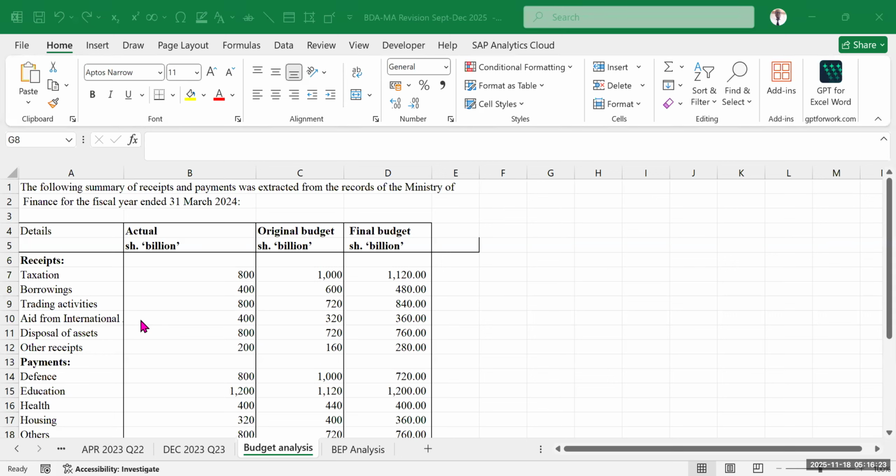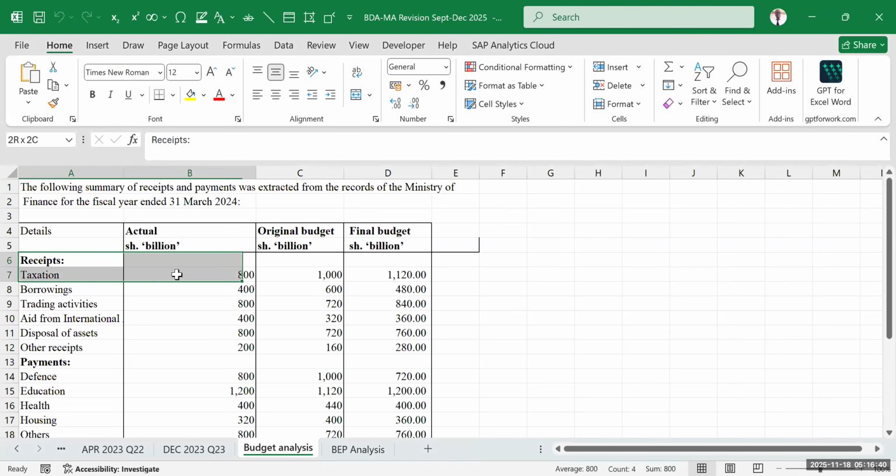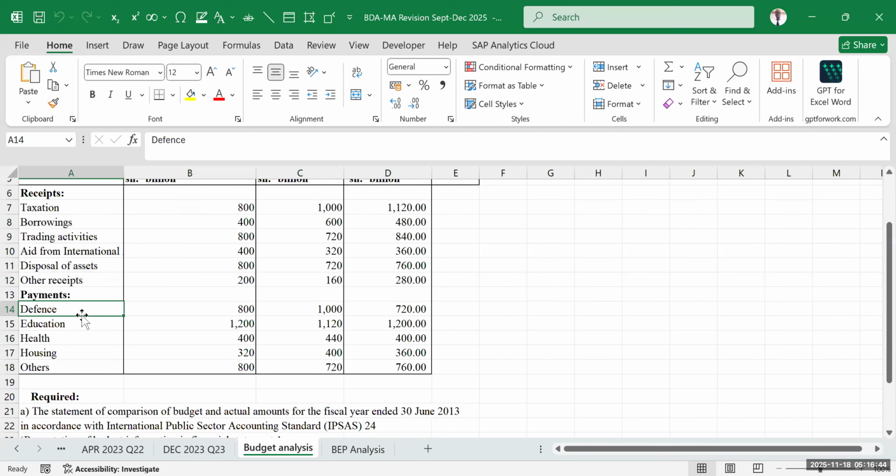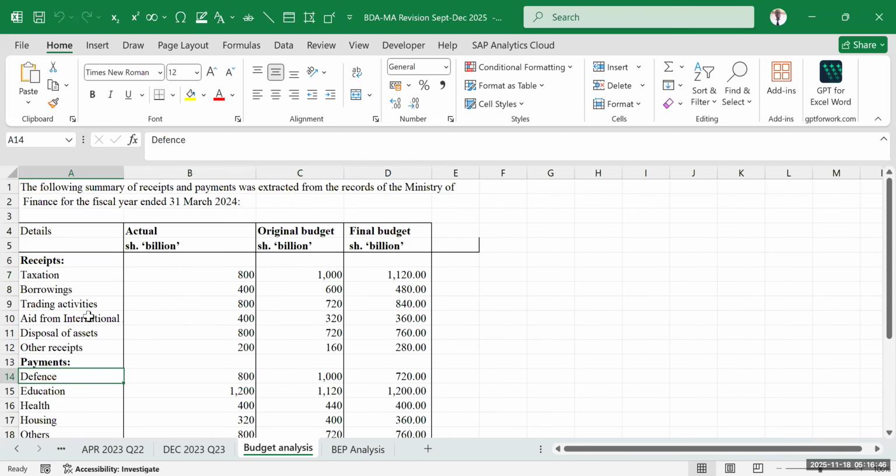So for the receipts: taxation, borrowings, trading activities, aid from international, disposal of assets, and then other receipts. So these form part of the receipts. Then we go to the payments section.